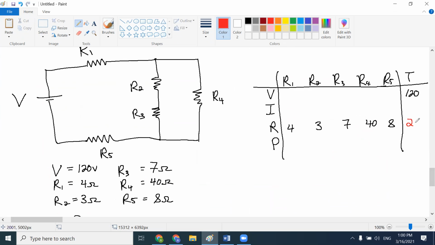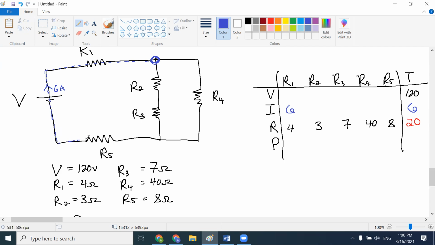So 20. That means this is 6. 120 equals I times 20. I is 6. The resistors, 6 amps. All 6 amps has to go through R1. There is no other option.